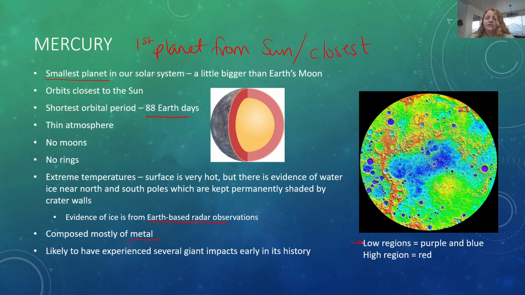So the low regions will be purples and blues. So right in here we have that dark blue, even that purple color right here. Those are low regions. Then we have high regions, and so that would be a red color. So there's orange, there's some reds over here, and then all of the colors in between are an in-between elevation.